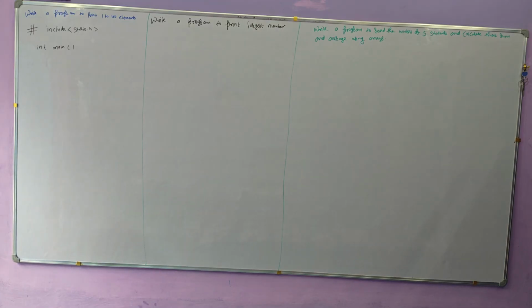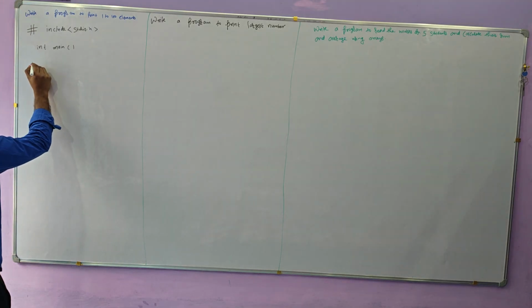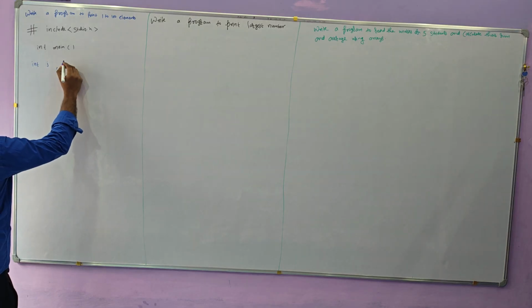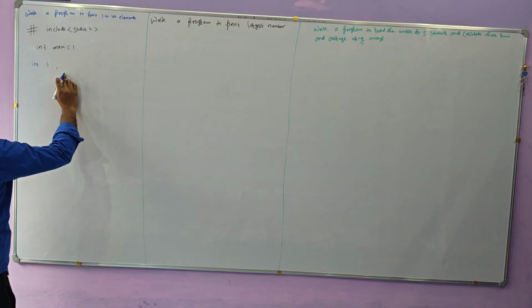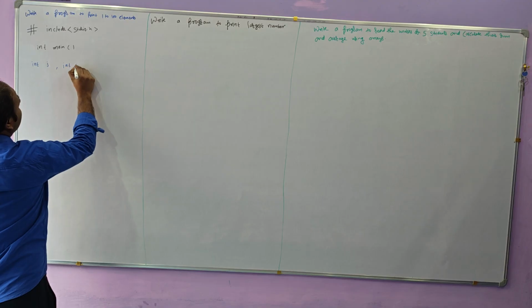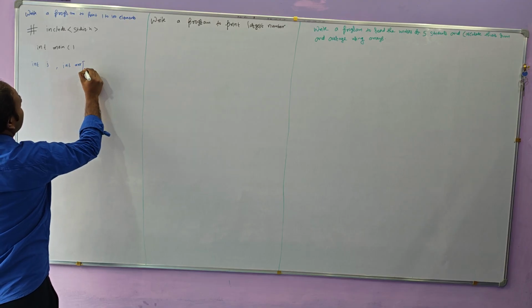Now we are going to use i as a loop variable, so we take i and an int array.